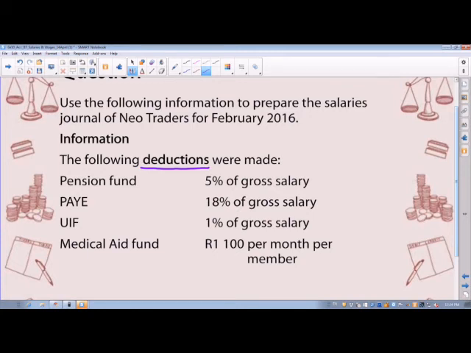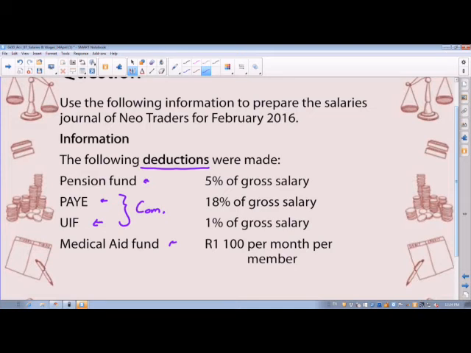So 5% of the gross salary will go to the pension fund. 18% of the gross salary will be pay as you earn. 1% of your gross salary, remember a deduction, will be UIF, and these two will be compulsory. And then the last one, the medical aid fund, is 1,100 Rand per member.